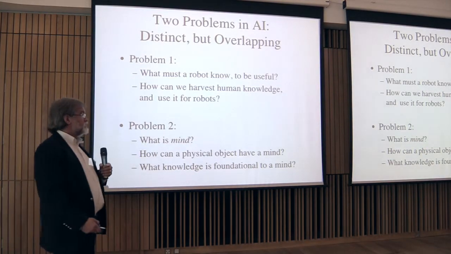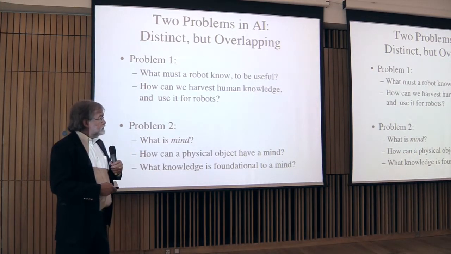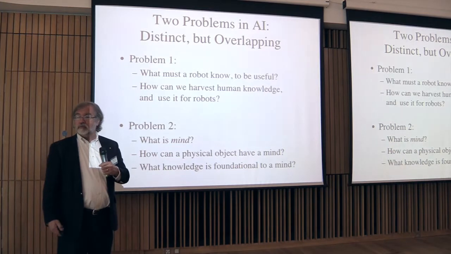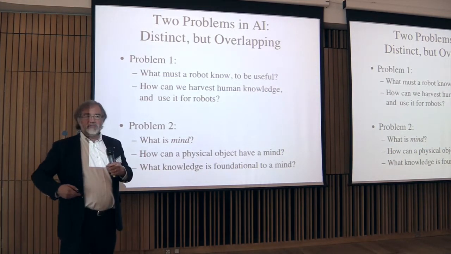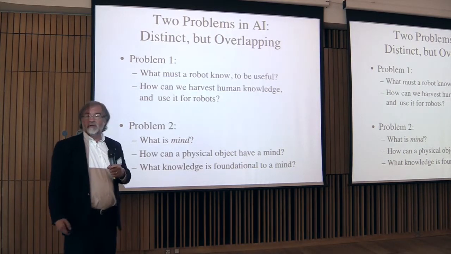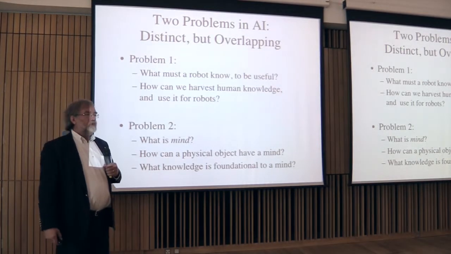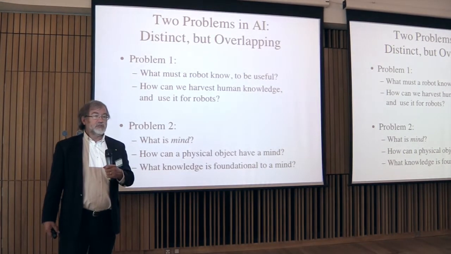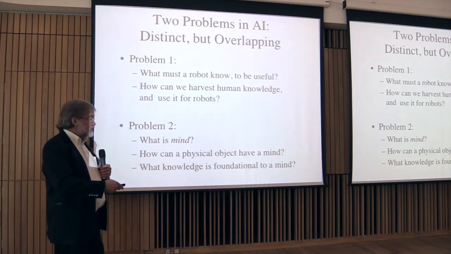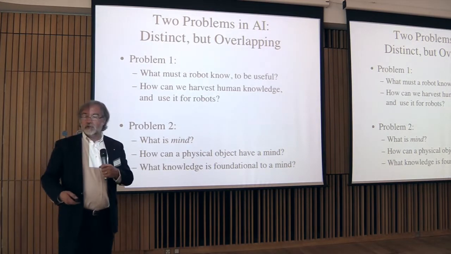How do we build robots? Another problem is really the cognitive science problem, which is, what is mind? How is it possible for a physical object to have a mind? Which is really one of the great foundational scientific questions. And that leads you to what kind of knowledge is foundational to having a mind.